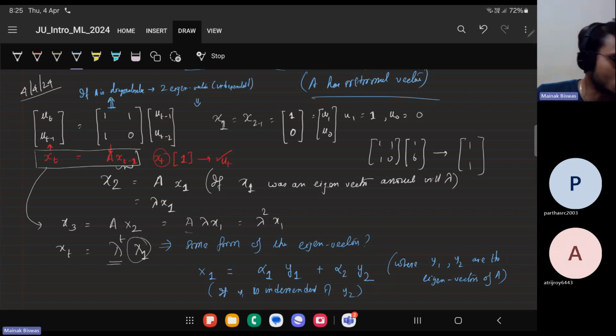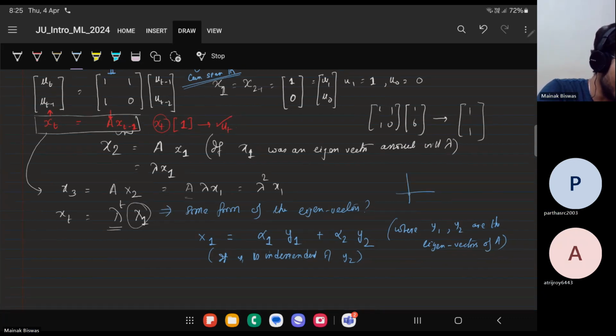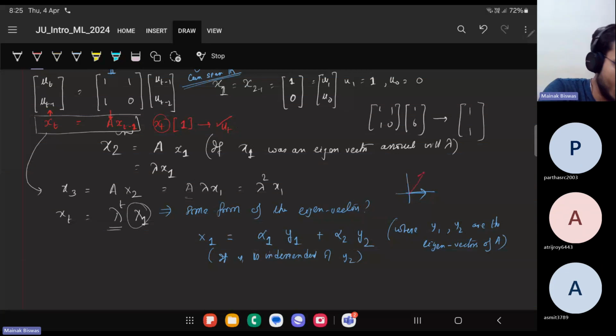If they're independent, they can span how many dimensions? R2. So can we write x1 as a linear combination of them? Yes, x1 belongs to R2. x1 is 1 comma 0, and you would have some y1 here and some y2 here, and you take the linear combination alpha 1, alpha 2 to get this vector.